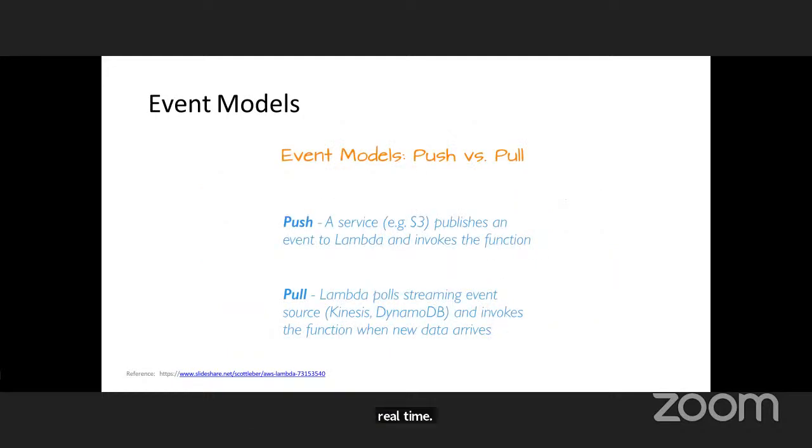So in general, there are two different event models for invoking a Lambda function. One is the push model, where an event source directly triggers the Lambda function. The other is the pull model, where Lambda polls an event source, like stream data, and processes the events when they arrive. Understanding these models can help you design your Lambda function for different use cases.